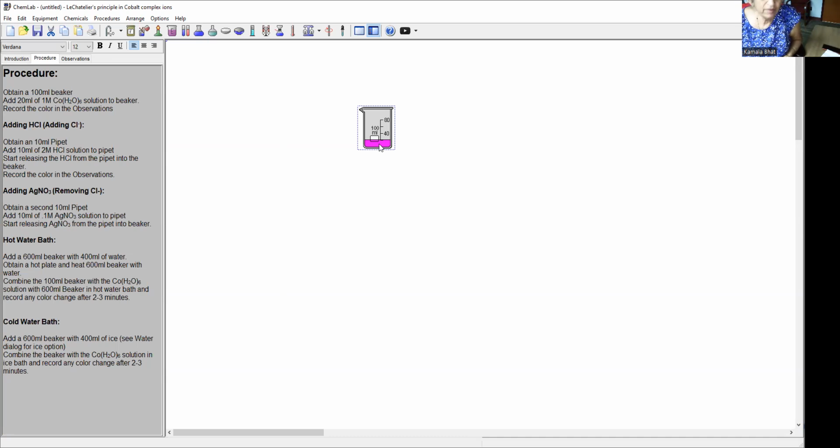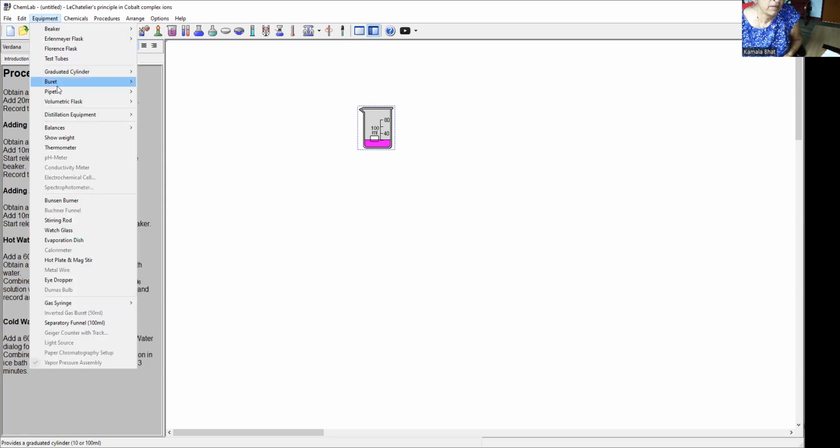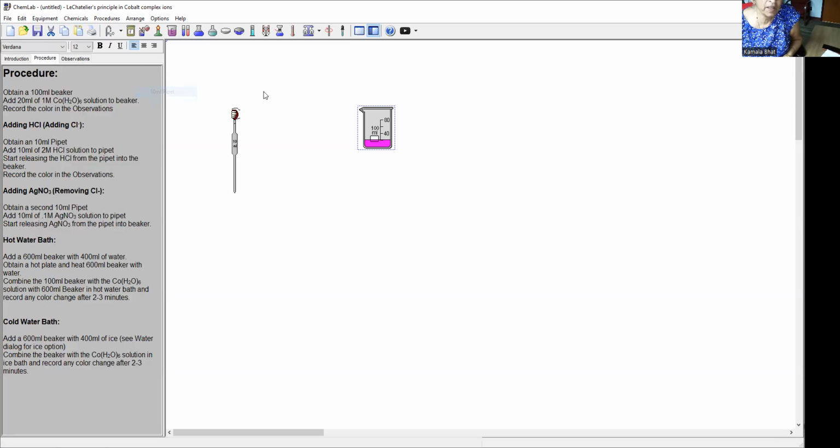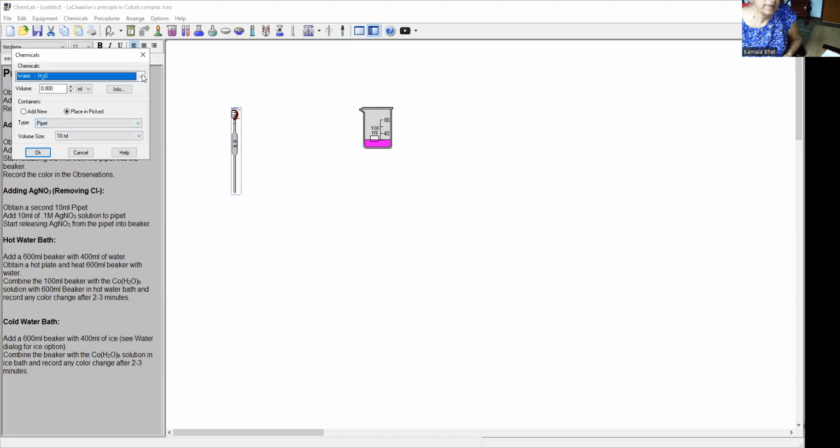Now, after you record this color, it says obtain a pipette and add 10 mL of 2 M HCl. So go to the equipment menu, look for a 10 mL pipette, and click on the pipette to get the chemicals.